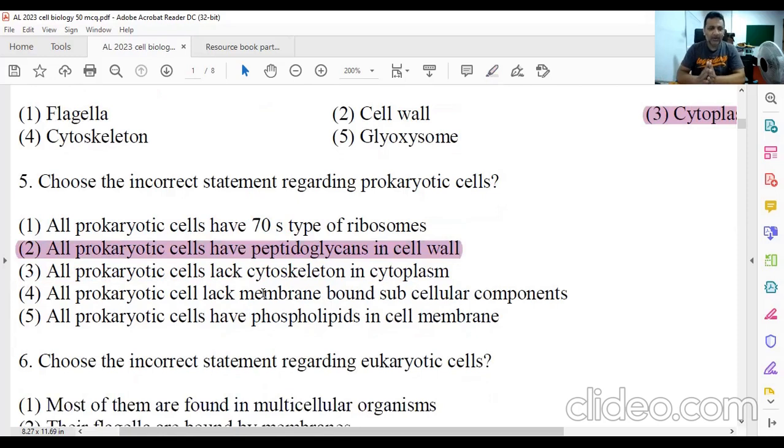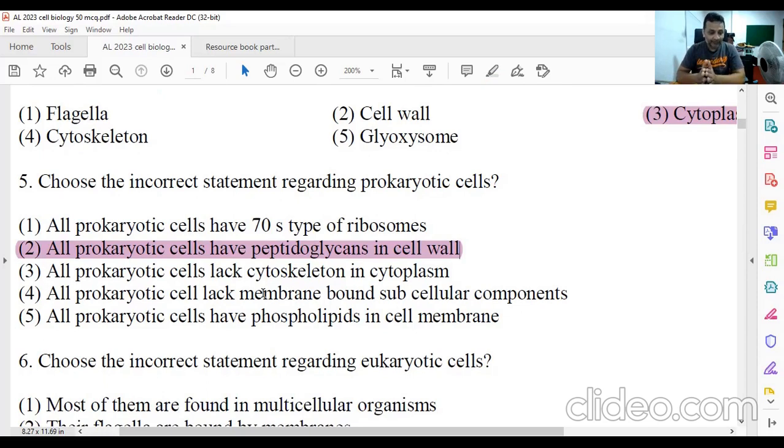Third one, we just discussed: all prokaryotic cells lack a cytoskeleton. Of course, cytoskeleton is a eukaryotic character. Fourth one is also the same: all prokaryotic cells lack membrane-bound subcellular components. True. Membrane-bound subcellular components are also a eukaryotic character.